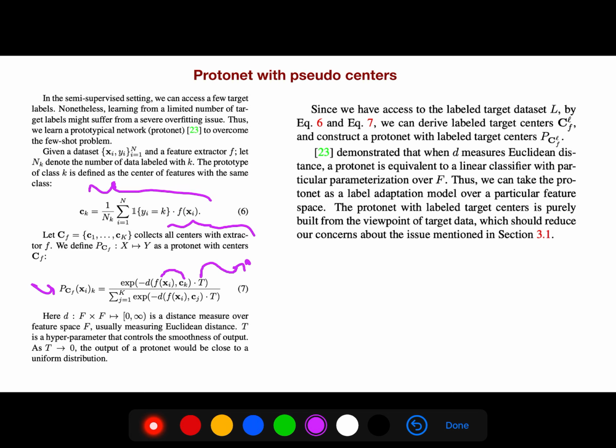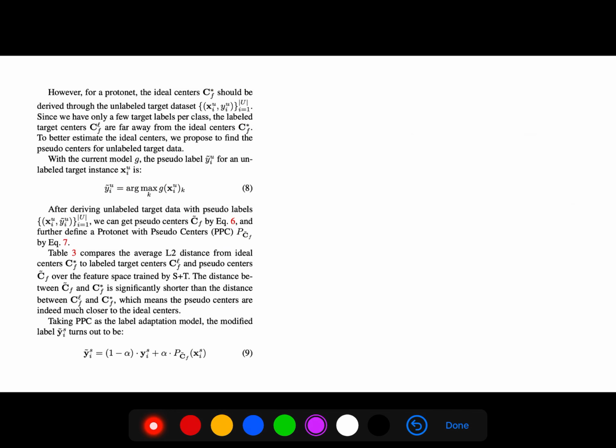But because we have access to a labeled target dataset, again, I'm saying it's because it's semi-supervised. Semi refers to those few labeled data. Then we can derive the target centers. And then with the current model, the pseudo label for an unlabeled target instance is just an optimization problem.